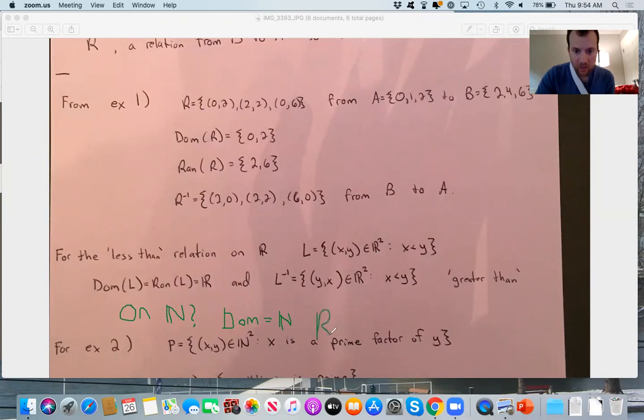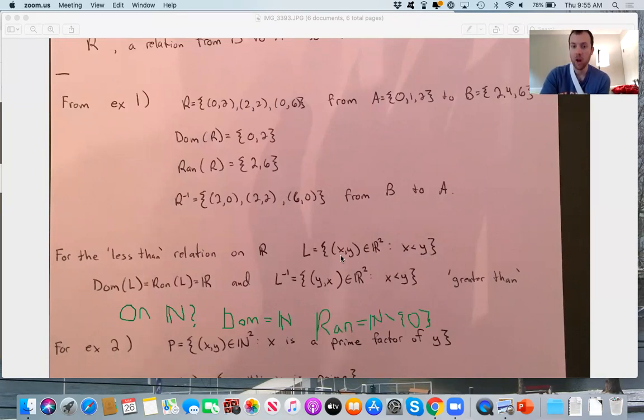But where things get different, and why we need to be careful about this, is that the range is the natural numbers except for 0. So why is that? The range is anything which appears as a second coordinate, which means which numbers have something less than them.